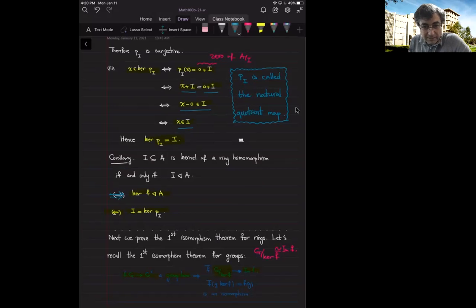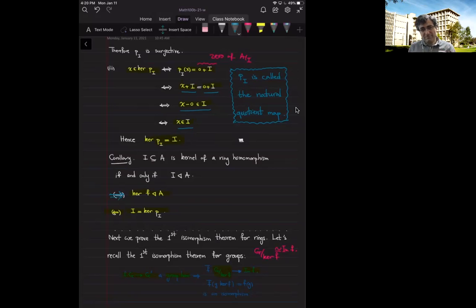So immediately we get this direction. Now, how about the converse? If I is an ideal, then by the discussion that we just had, it is the kernel of the natural quotient map, P sub I. So it's the kernel of some ring homomorphism. Okay, so we get a characterization of kernels.